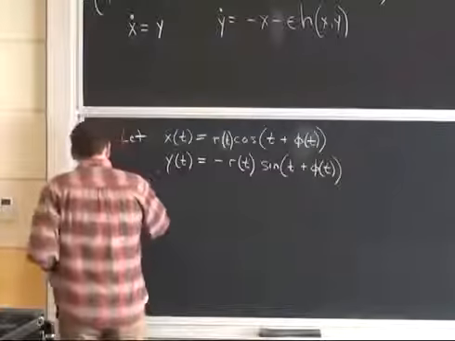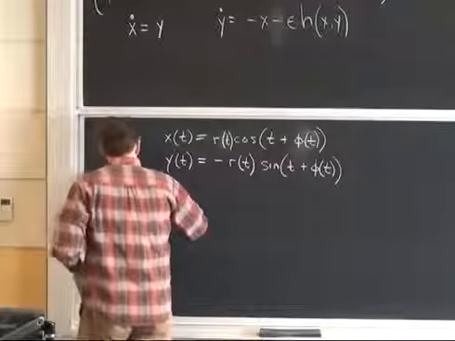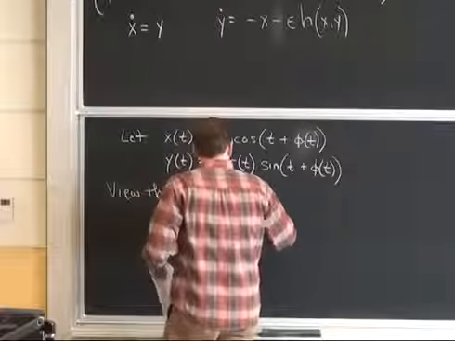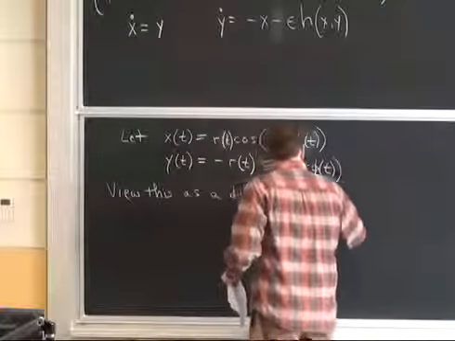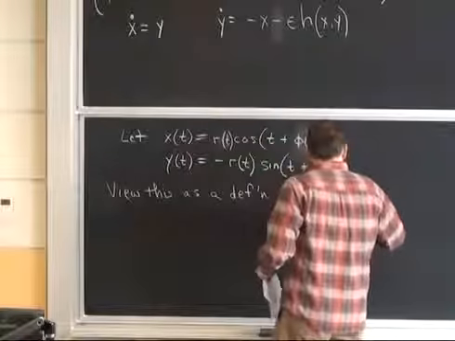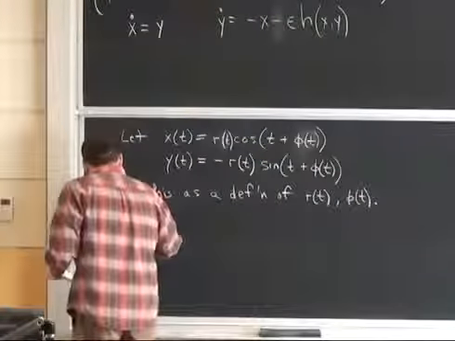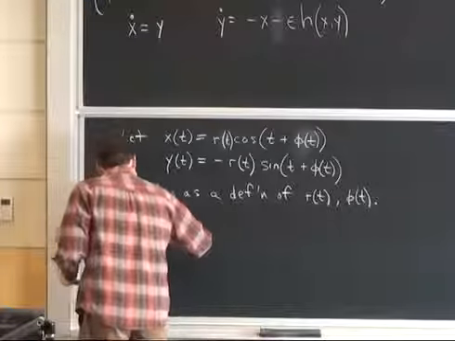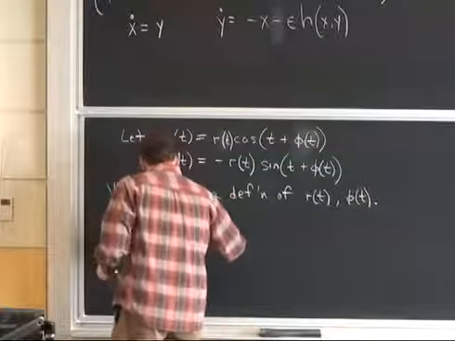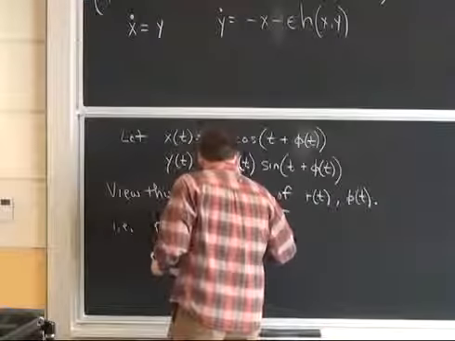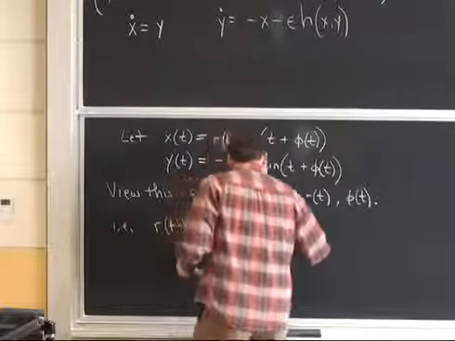So view this as a definition of the r of t and phi of t. If you want, you could think of r of t as being just defined as the square root of x squared of t plus y squared of t.